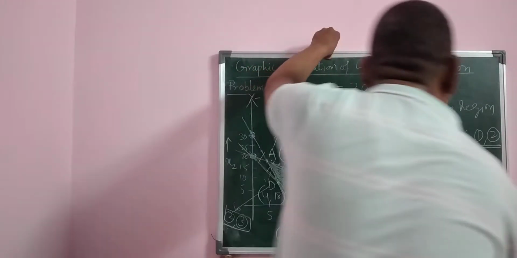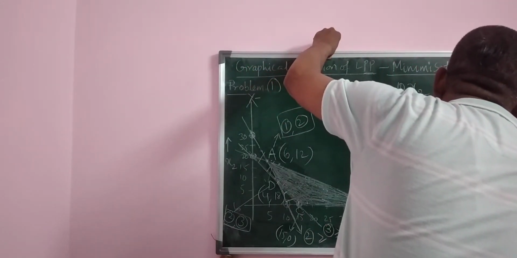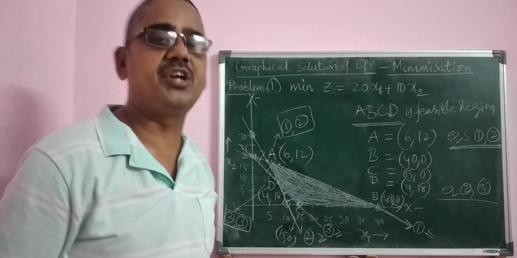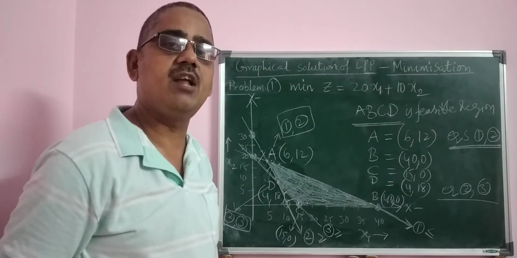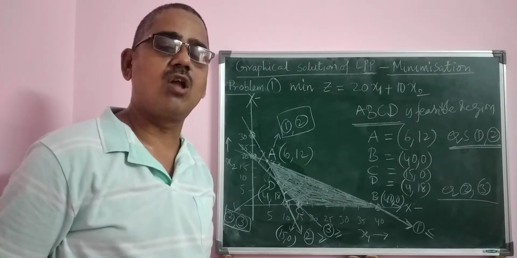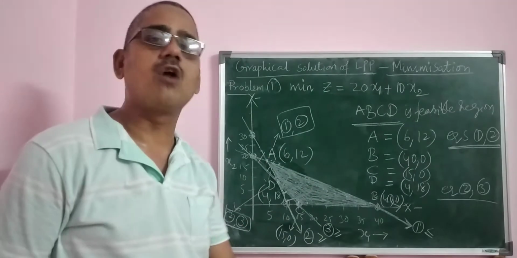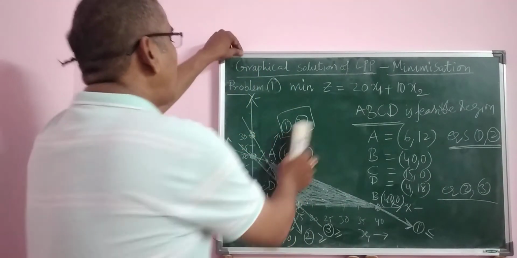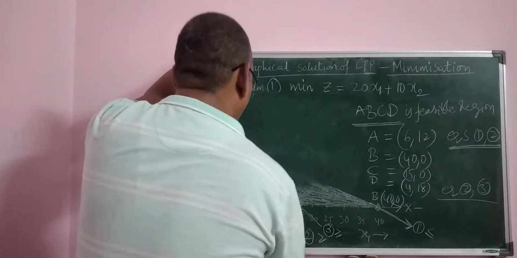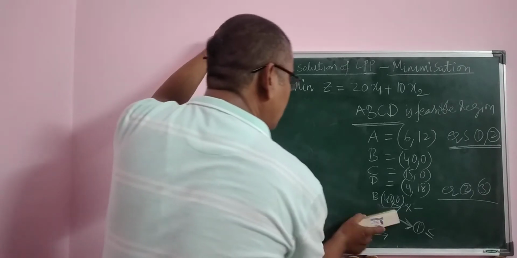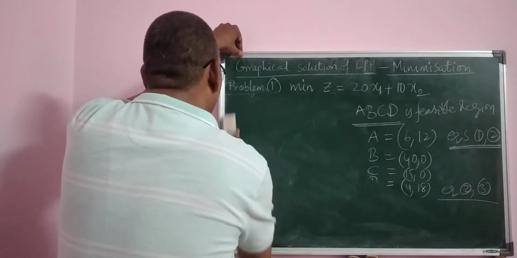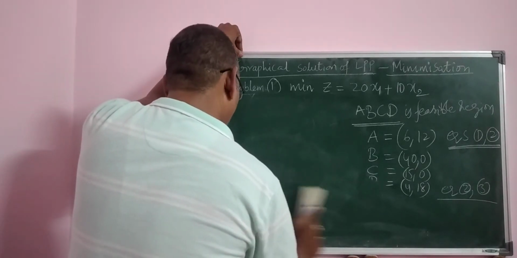D is solved by equations 2 and 3. Once you have solved all the points A, B, C, D by solving the equations, then you have to calculate the value of Z. Hope you have understood. This is what you have to do in the graphical procedure.